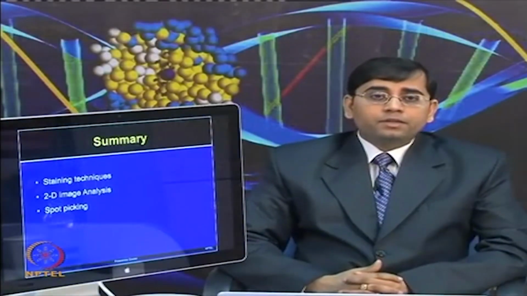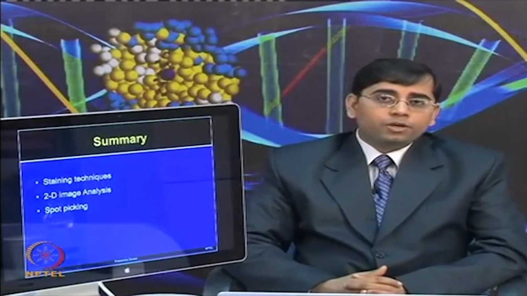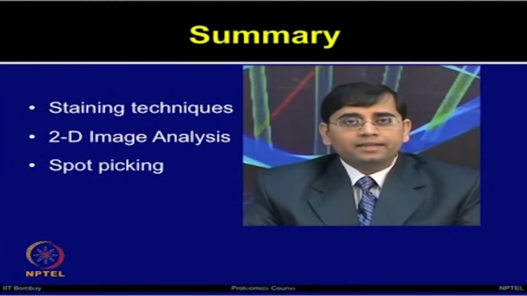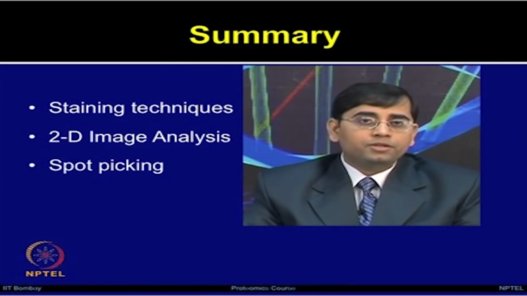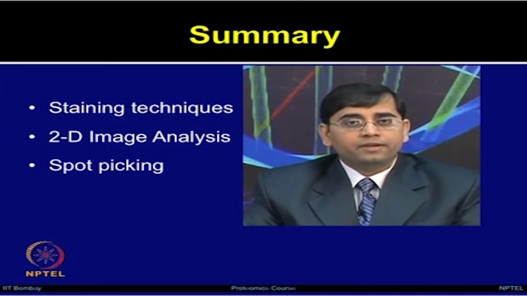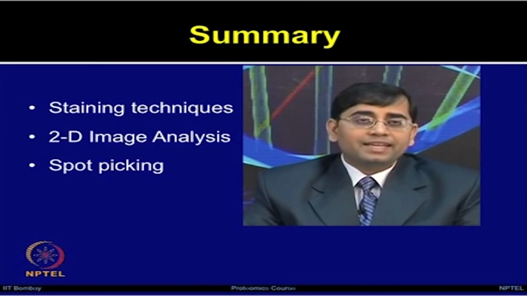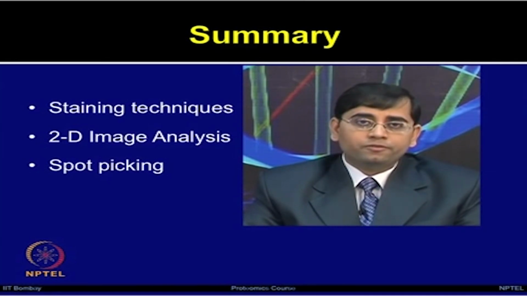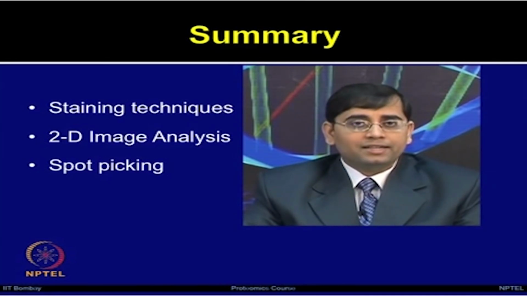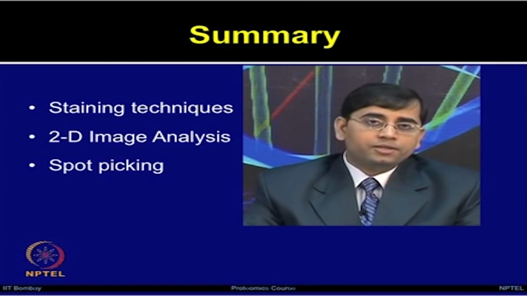So, in summary, in today's lecture we have talked about different types of staining techniques available, which you can use depending upon your application, how to compare and analyze your two-dimensional images obtained from different samples from control and treatments, how to excise the spots, and then we briefly looked at some variations or advanced forms of gel based proteomic methods such as off-gel fractionation.